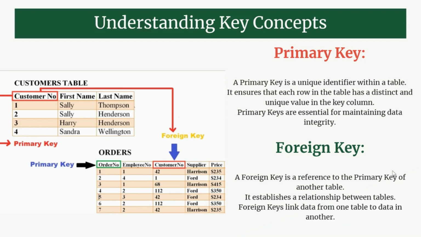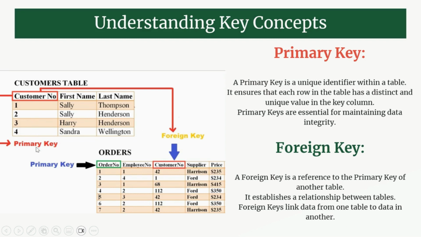We can also have course ID, which will be an identifier for every course. Product ID, which will be an identifier for every product that an e-commerce store sells. Now, foreign key. A foreign key is a reference to the primary key of another table, right? Foreign key links data from one table to another table.